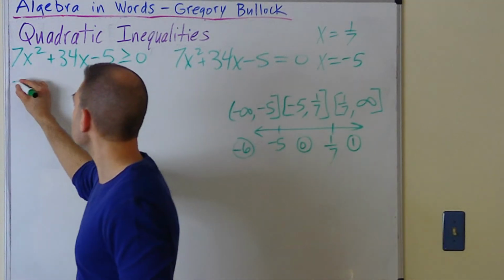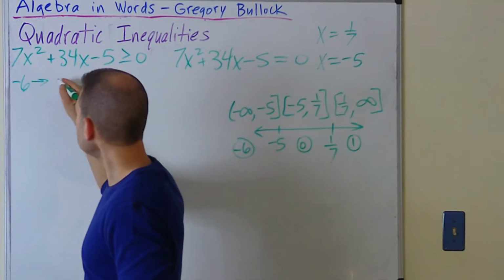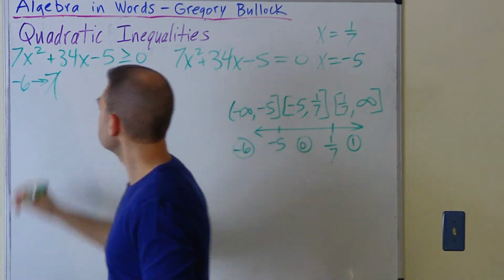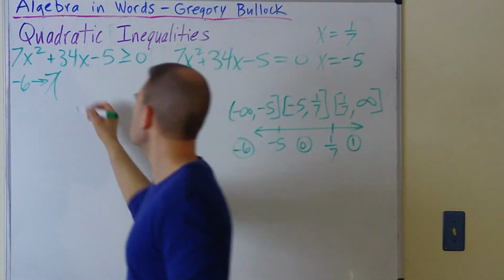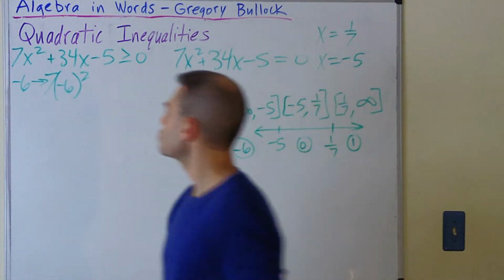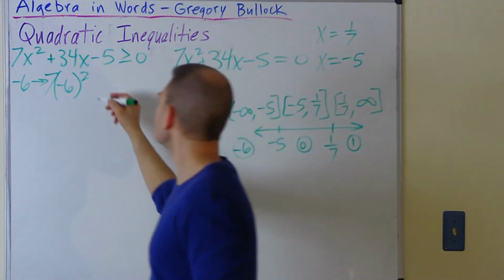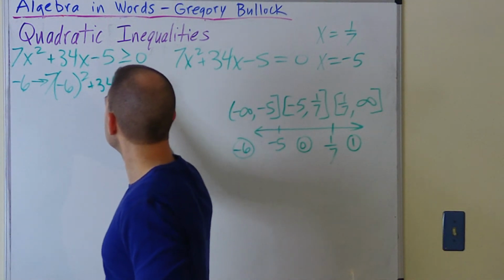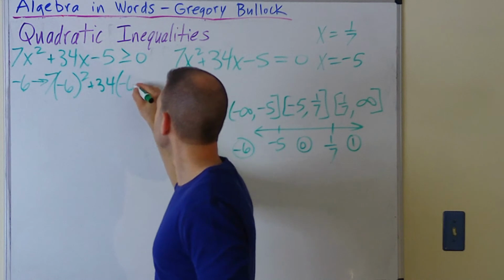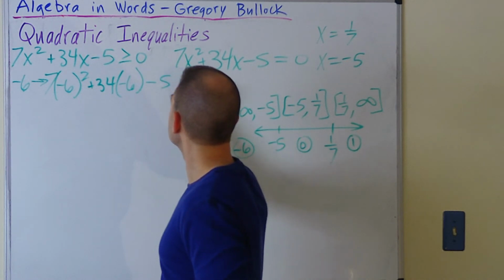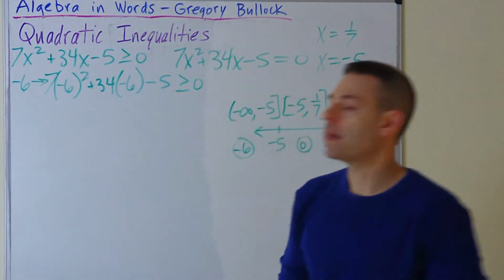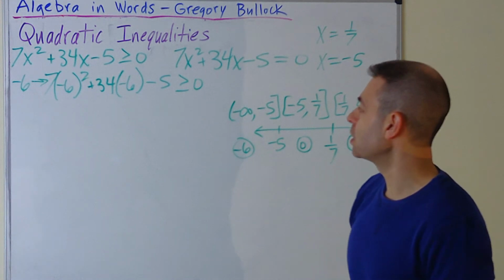Starting with -6, we have 7 times -6 squared plus 34 times -6 minus 5 is greater than or equal to 0.